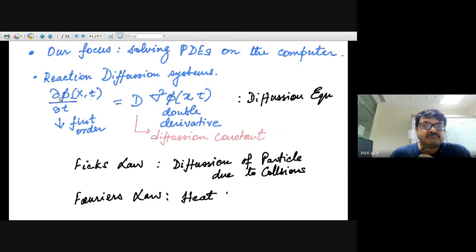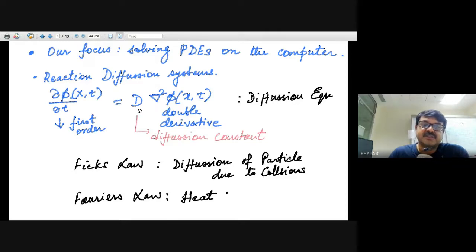And there's a first order del phi del t. It's a first order differentiation in time, and that is equal to D. D is some constant, the diffusion constant, which basically says how quickly something spreads and becomes uniform over space.